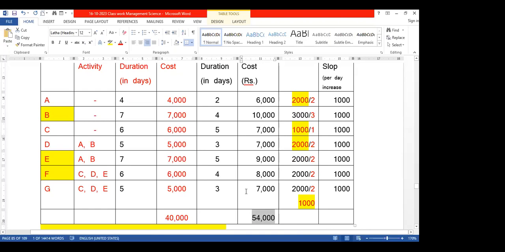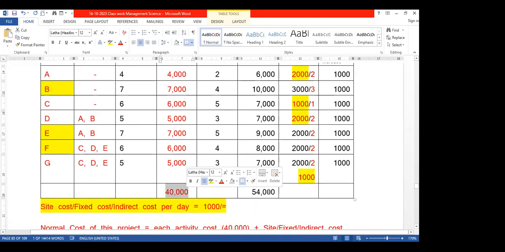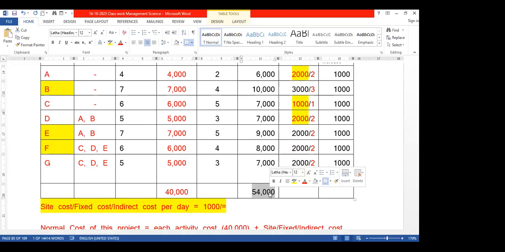Extra total increase, how much? For the whole activities, what is the extra increase, students? Students, are you here? Or just recording and leaving?